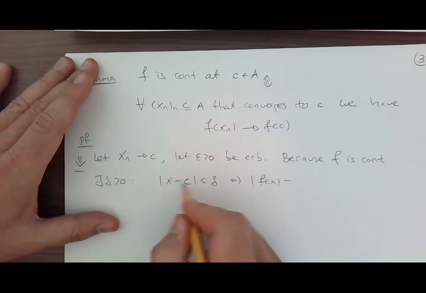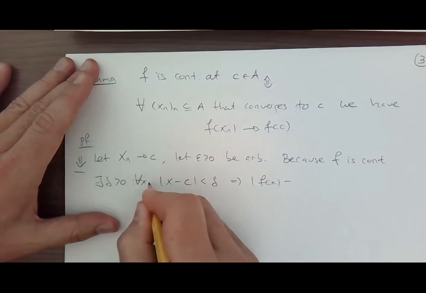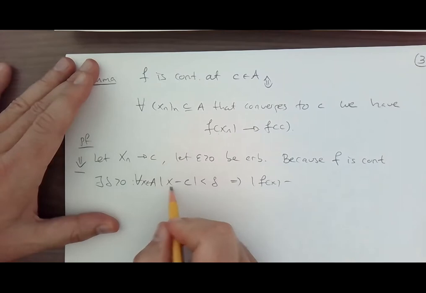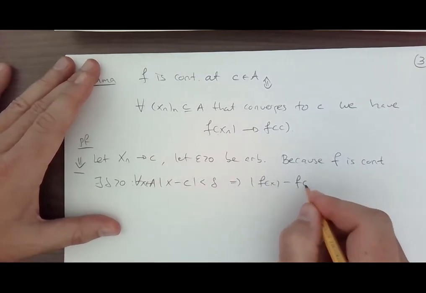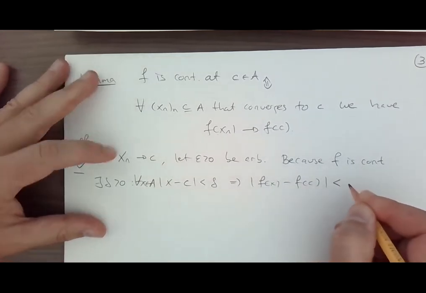So for any x in A such that this difference is small, I'm going to have that the function values are less than this epsilon.